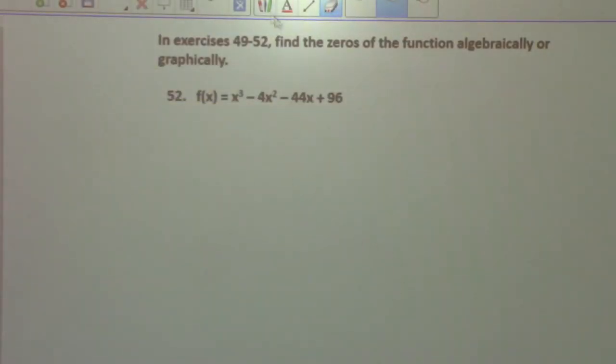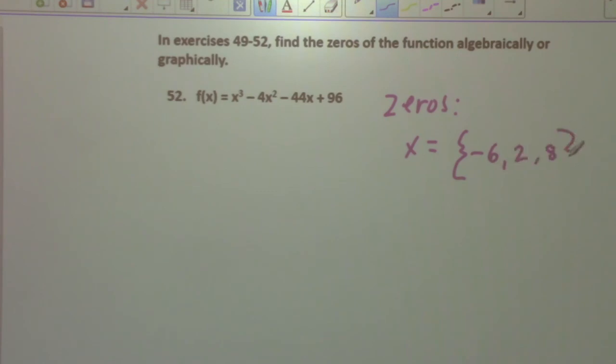Okay, Karina, what'd you get for this? -6 to 8. So x equals -6, positive 2. -6, 2, and 8, you said? And that was just graphically you determined that. It's pretty easy to do.